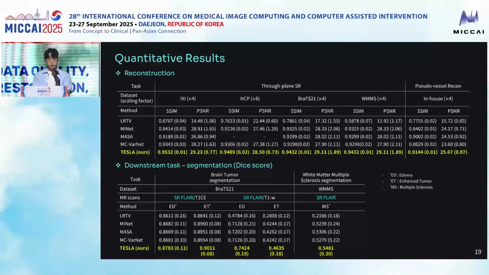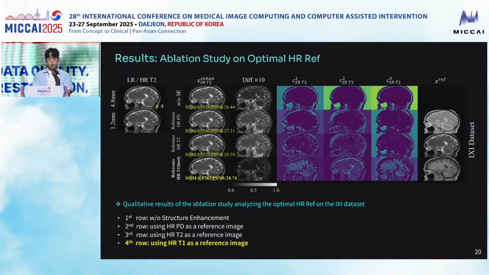These are the quantitative results of all the experiments. Across all datasets, Tesla has achieved the highest value. We also ran an ablation study to find the best high-res reference. This is critical in multi-contrast SR because the reference choice directly impacts the output.